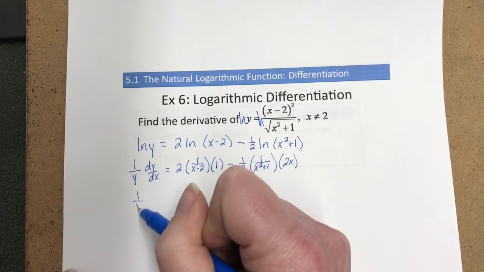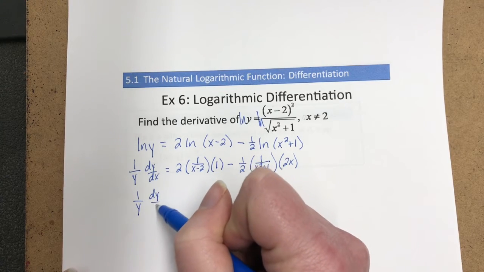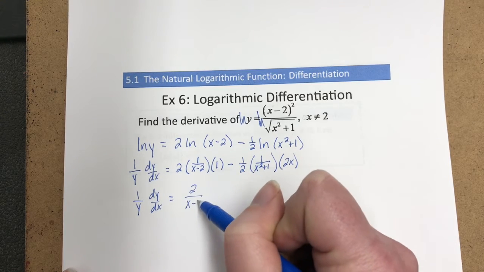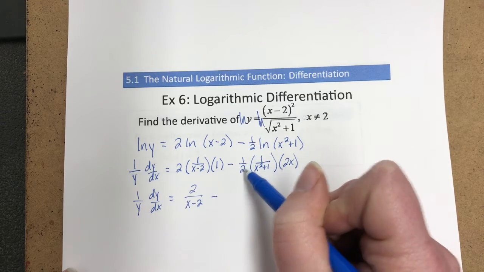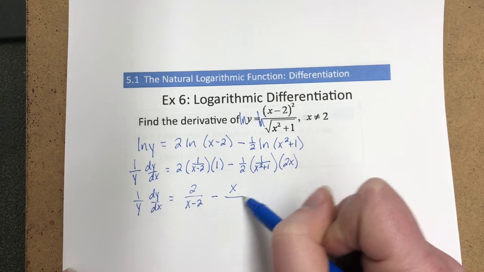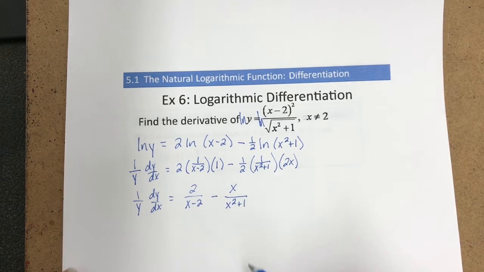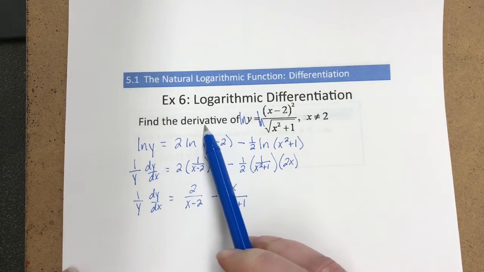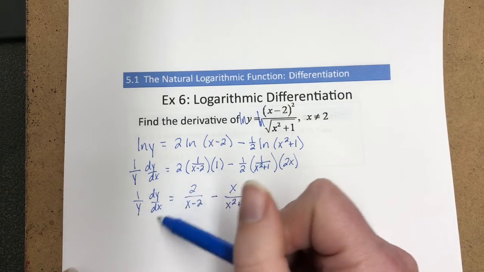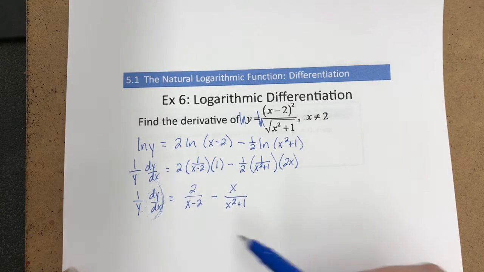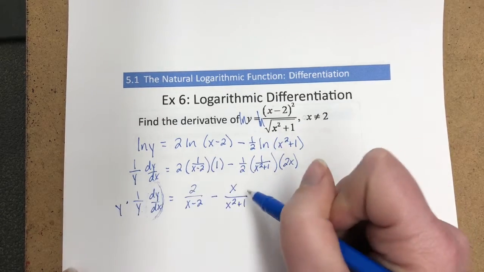So now if I simplify this, this would be 1 over y times dy dx equals 2 over x minus 2 minus half of 2 would give me x over x squared plus 1. Now when I'm finding the derivative, remember that dy dx is a form of the derivative, so I just want dy dx here. So to get rid of this 1 over y, I will multiply both sides by y.